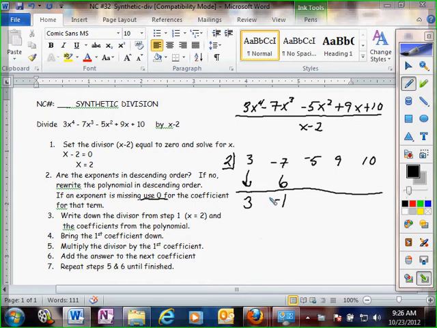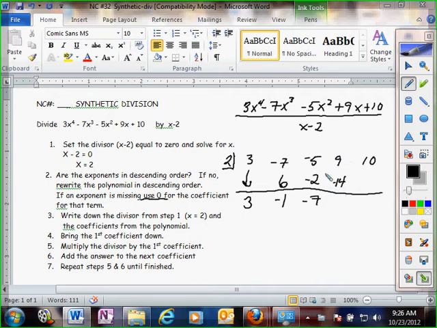Then I multiply 2 with the -1. 2 times -1 is -2, and that goes right here. Then I combine these: -5 plus -2 is -7. Then I multiply 2 times -7, which is -14, and I put that answer there.